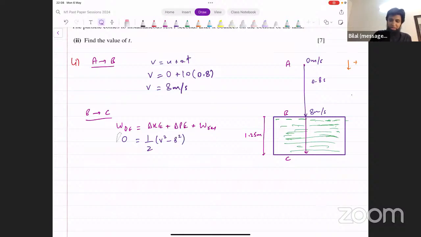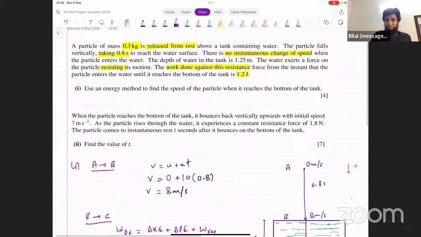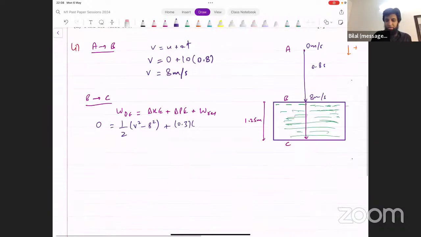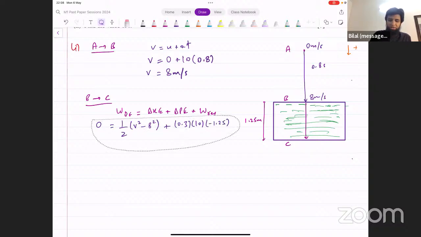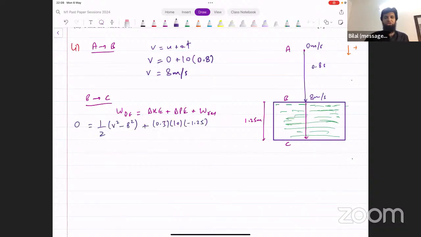That's the change in kinetic energy plus the change in potential energy. M is 0.3 into 10 into change in height, that is minus 1.25. Right? The height is reducing, so the change in height is negative, plus the work done against resistance.